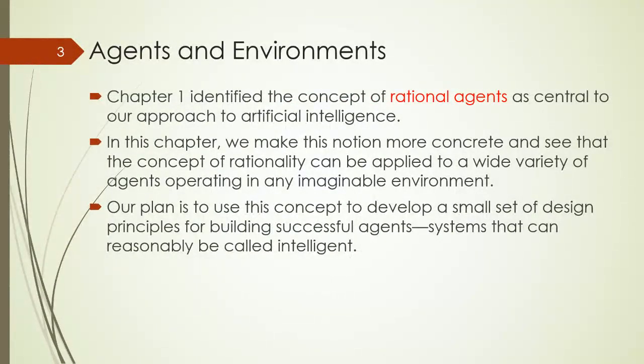In chapter 1, the previous chapter, we talked about being a rational agent. We talked about the details, what it means, and what the consequences are of accepting something as rational.